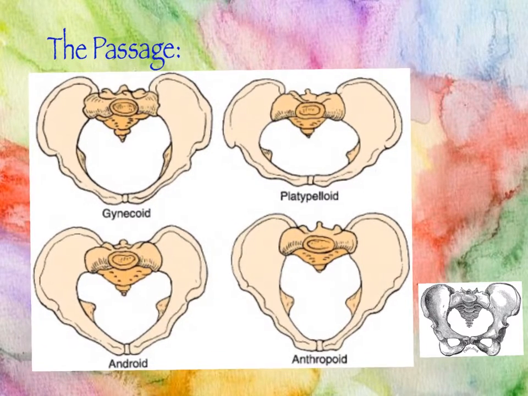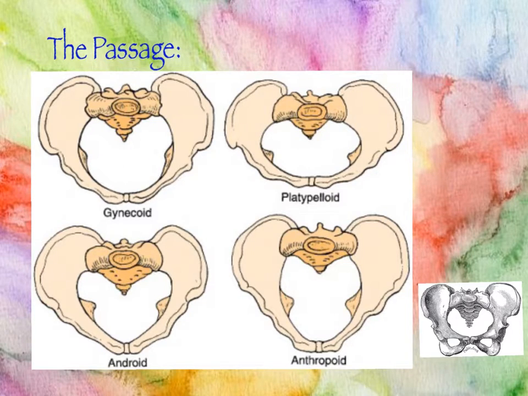And we touched on them briefly in antepartum, but here they are again. I'll put my pointer. That's your gynecoid pelvis. You can notice that the shape is nice and round. It's ideal for fitting a baby through. We have the android, which is a male-shaped pelvis, and this is much less ideal. With a small baby, you can sometimes still accomplish a vaginal delivery.